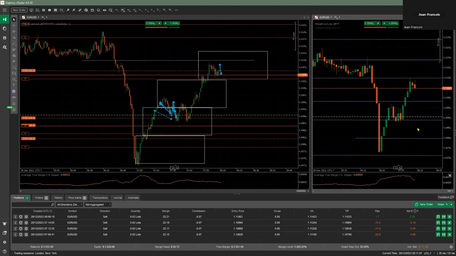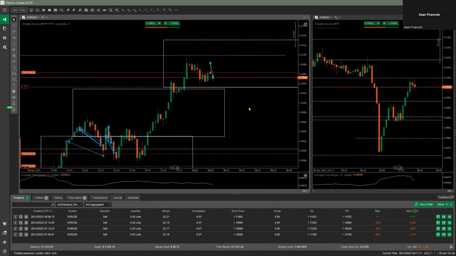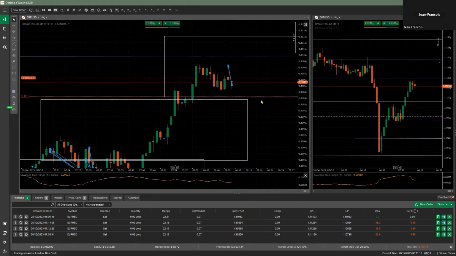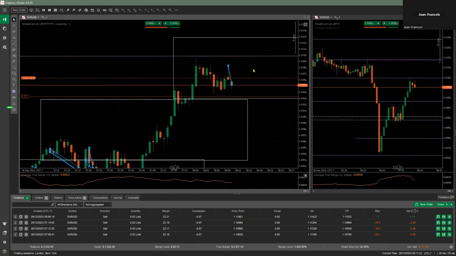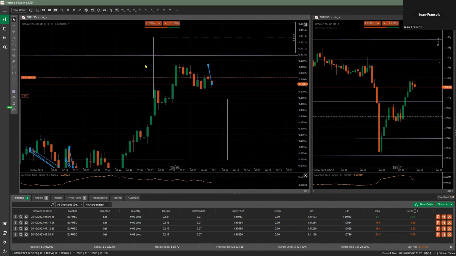Okay, so here we are recycling some of these trades, and I will happily reopen them if I can. So this is kind of the stuff we want to do. Just slowly but surely recycle your trades.